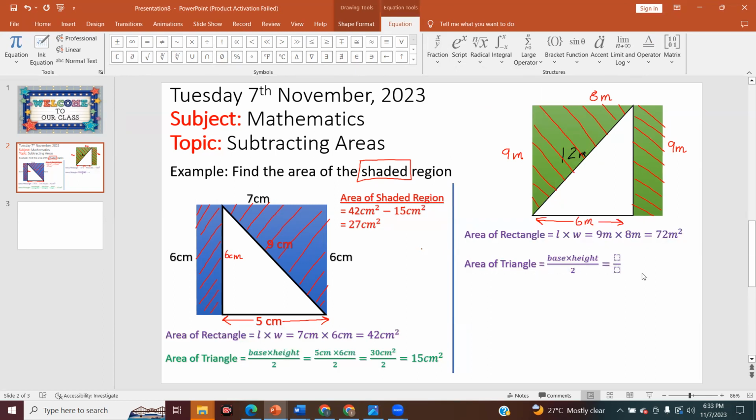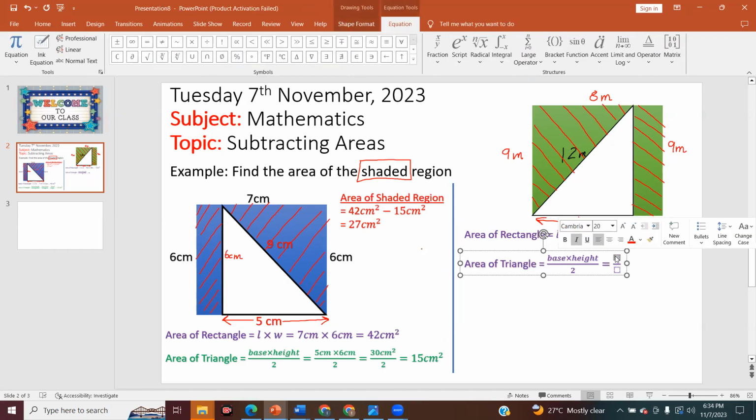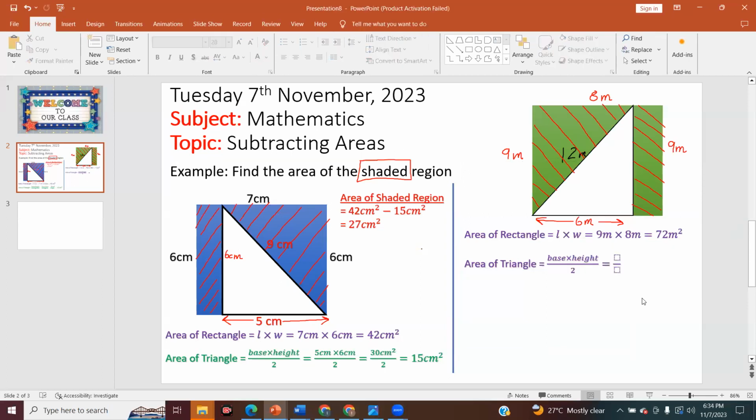Sabria, what is the base? I can't hear from Sabria. Renaya Douglas, are you there? I want them to answer. Hello, Renaya, are you there? You're very low.